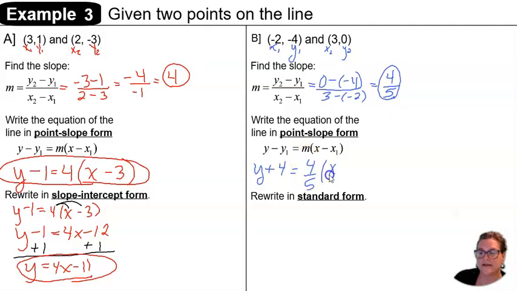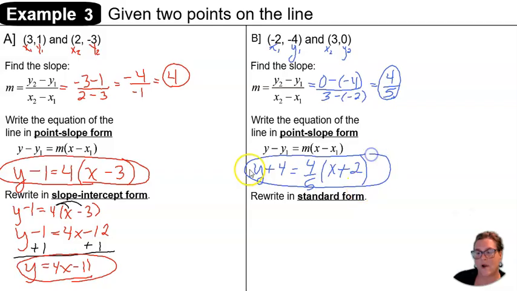Then we have parentheses x minus, and we're subtracting a -2. A minus and a minus is a plus, and then my 2. So my point-slope form of the line, I have y plus 4 is equal to 4/5 (x plus 2). Now we want to rewrite that into standard form.